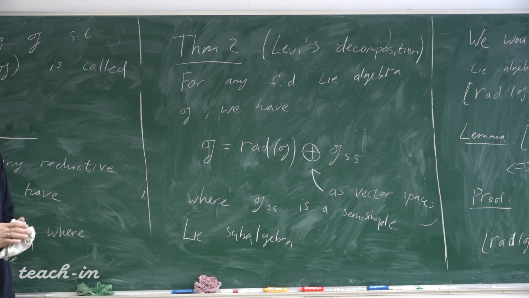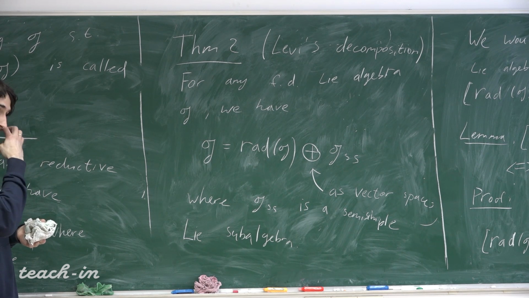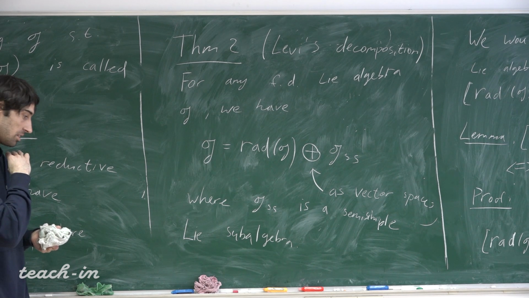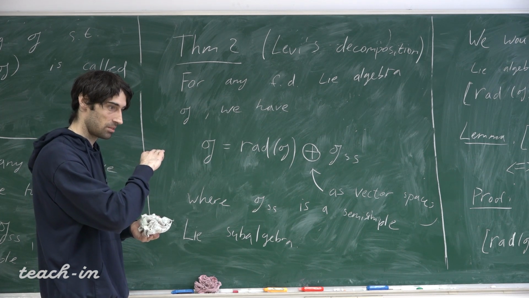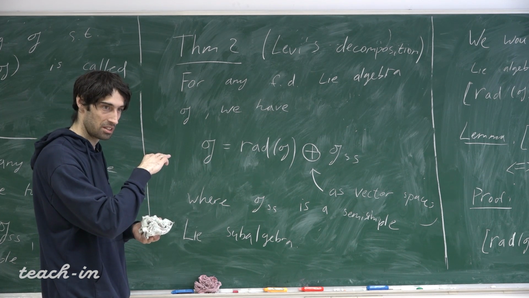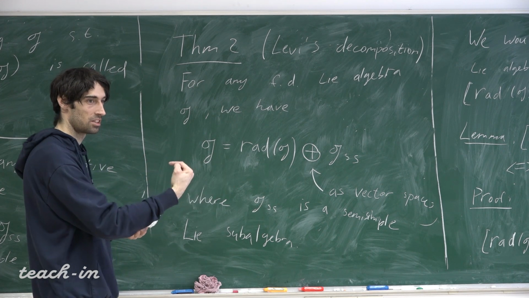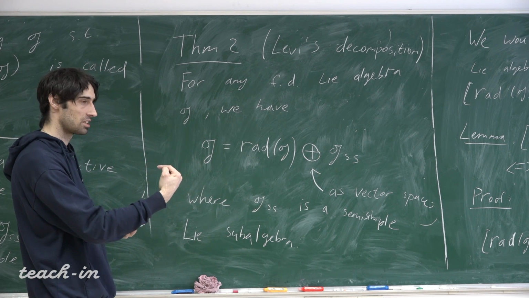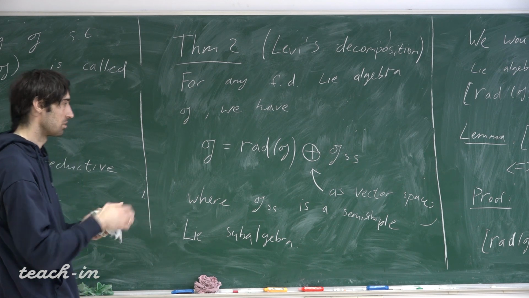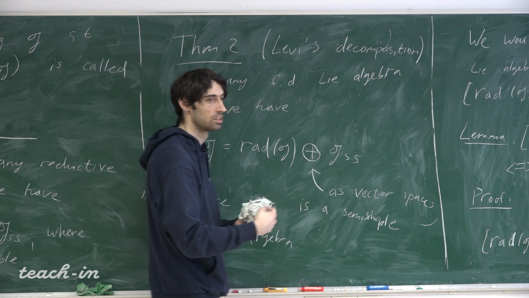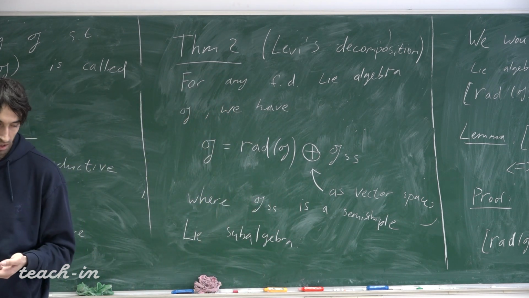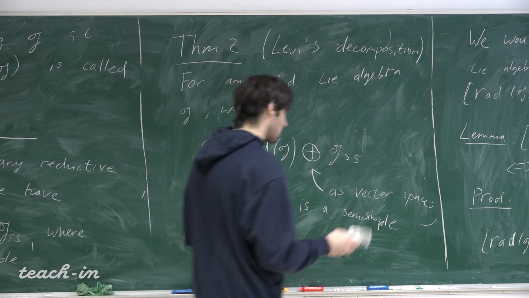We proved that result that if you have a short exact sequence, right, and you have a section, then it is a semi-direct sum. So when I say that this is subalgebra, it means that I have a section, right?